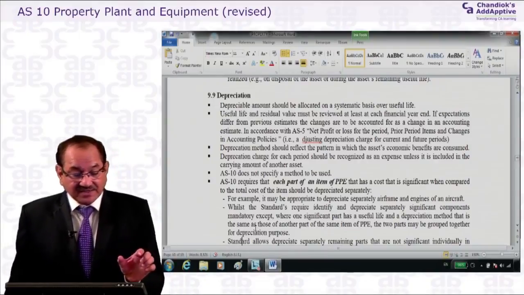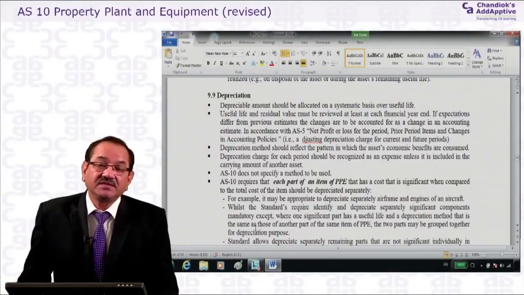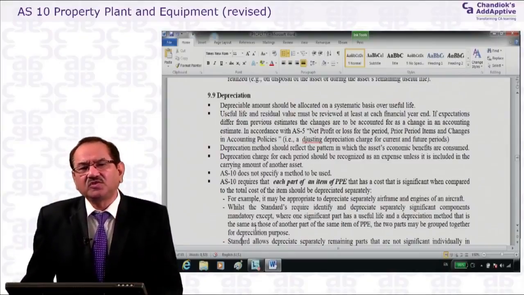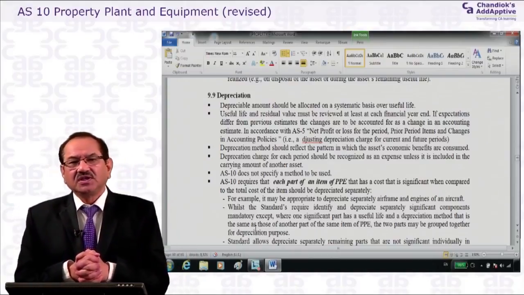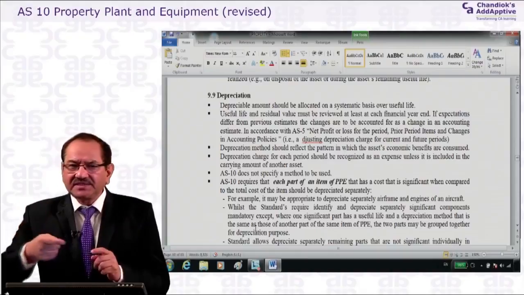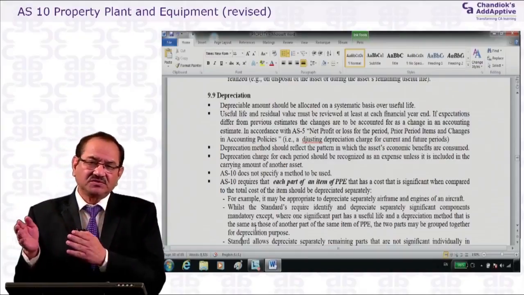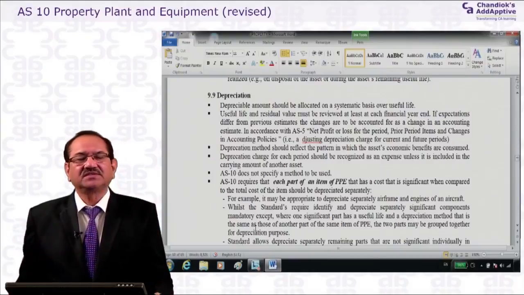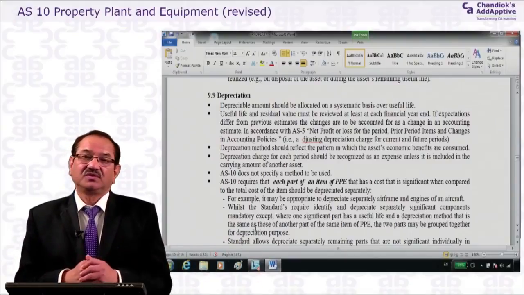Now, what it says about depreciation method: you purchase a plant and machinery, cost was 20 crores, you estimated that residual value will be 2 crores, depreciable amount you estimated 18 crores. Now, 18 crores over 10 years, how should it be? Whether every year 1.8 crores, or first year 3 crores, then 2 crores, 1 crore, like this. Which method should you follow?